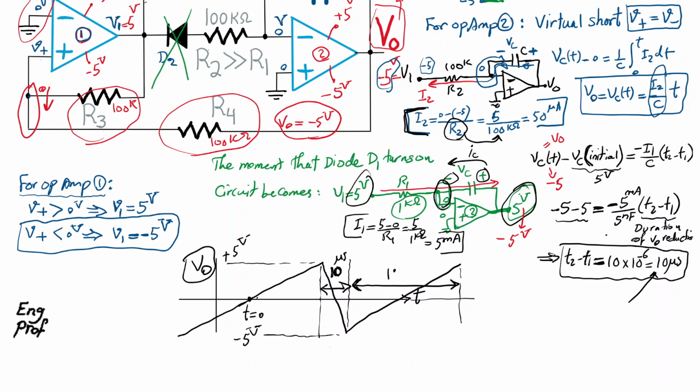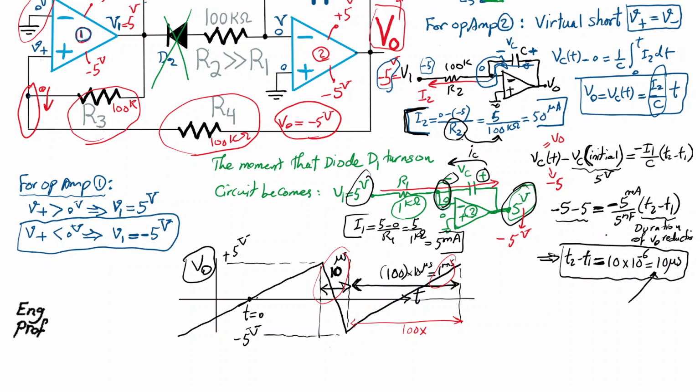So this is 100 times 10 microsecond, which is 1 millisecond. So effectively, this 10 microsecond is negligible compared to the rest. The scale is not showing it exactly because this is 100 times longer, 100x.